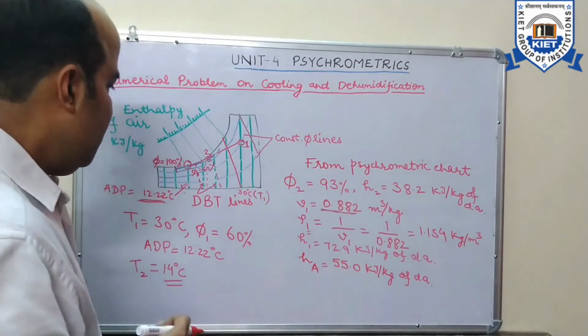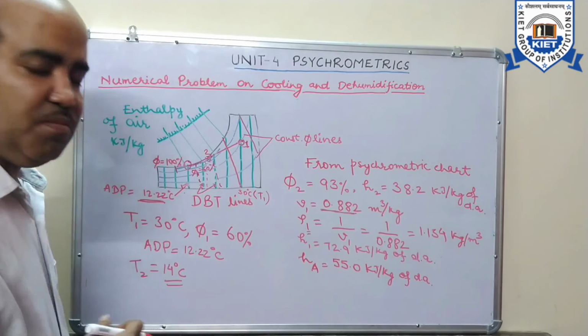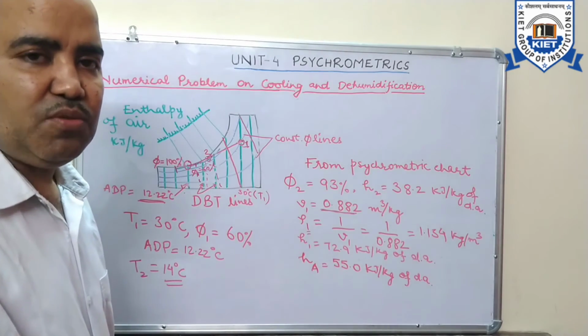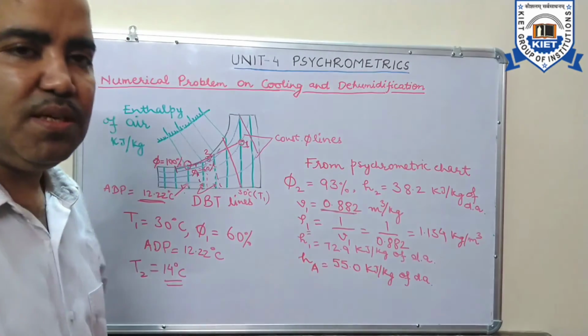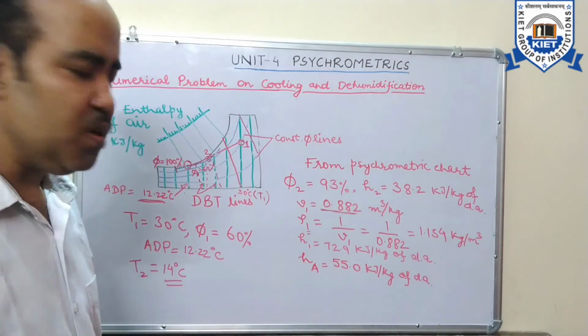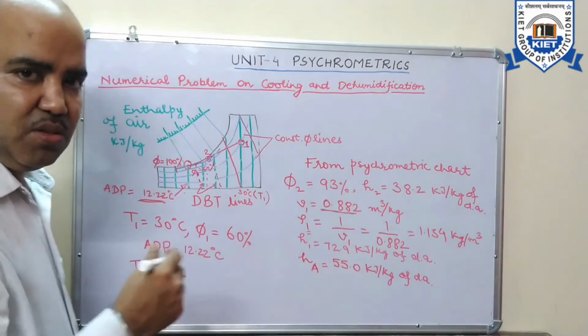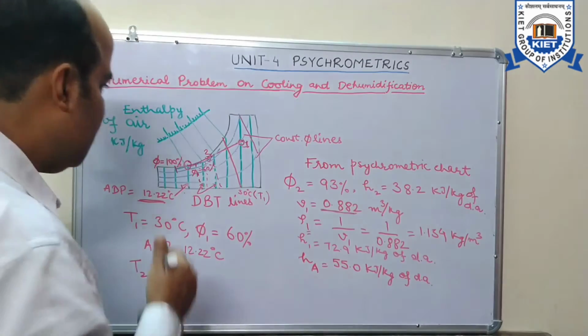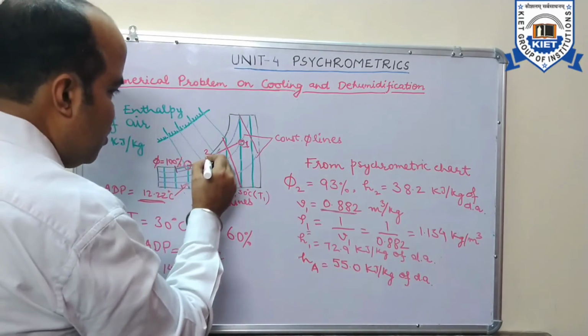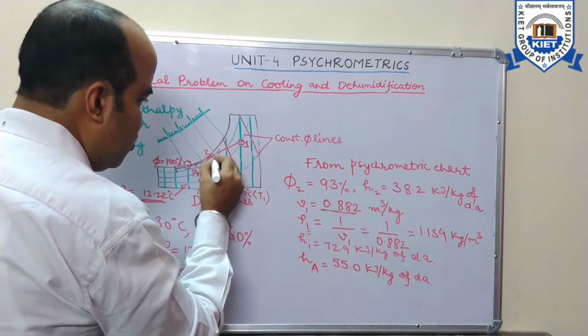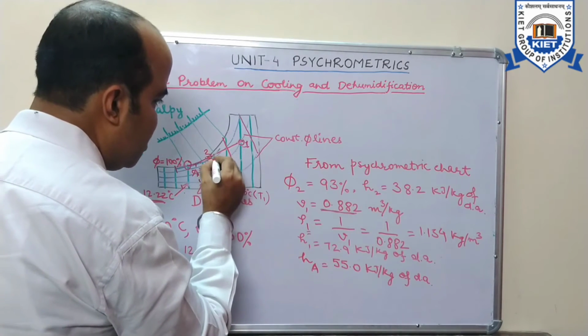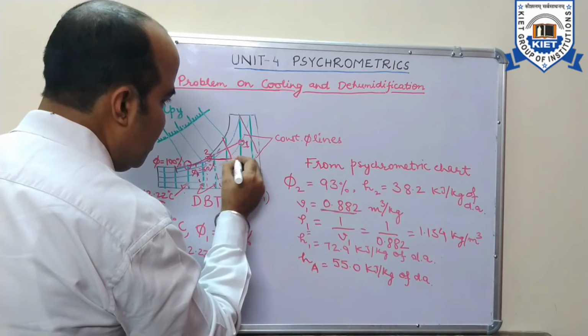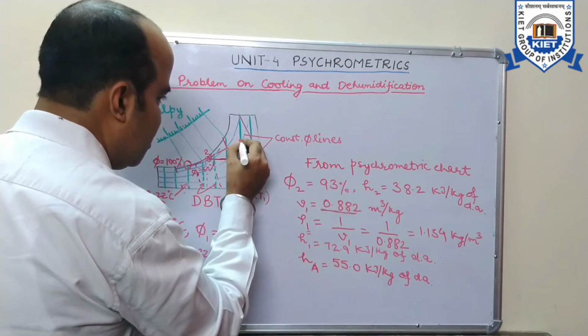Apart from that, we have to find out the sensible heat factor also, and the capacity of cooling coil, which I will take up in a short while. What we have to do is draw a horizontal line from point number 2 and a vertical line from point number 1.